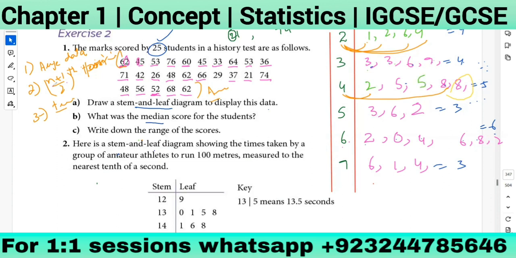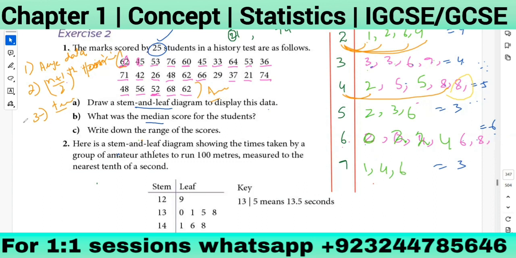Then it's going to be 2, 3, 6 in order. Then 0 should come first, then 2, again 2, then 4, and then 1, 4, 6 for the last one. We can arrange our leaves in the order.